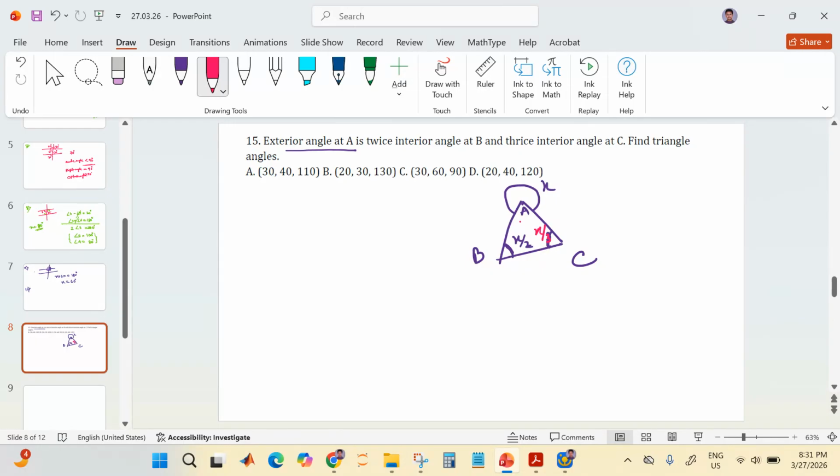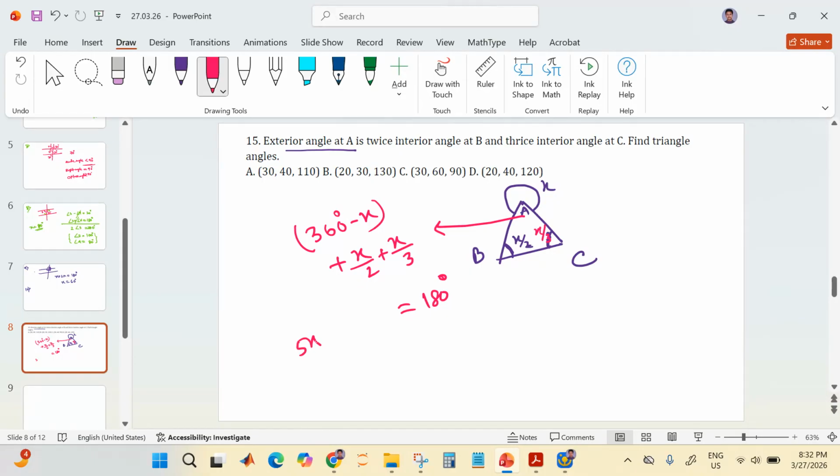So what will be the angle A? First you have to find, because we know the complete angle is 360 degrees, and if we subtract x, the angle A will be 360 minus x. So if I add x by 2 and x by 3, these three will be equal to 180 degrees. Just solve it. x by 2 plus x by 3 is 5x by 6.